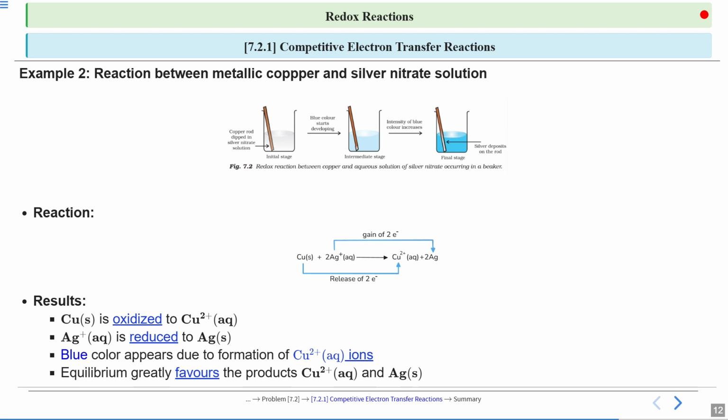Like in the previous example, there was copper nitrate solution and a rod of zinc, in which the zinc was oxidized, while in this example there is a copper rod dipped in silver nitrate solution, in which the copper is oxidized. That means it depends on their activity, their oxidizing and reducing nature, that is, the loss and gain of electrons.